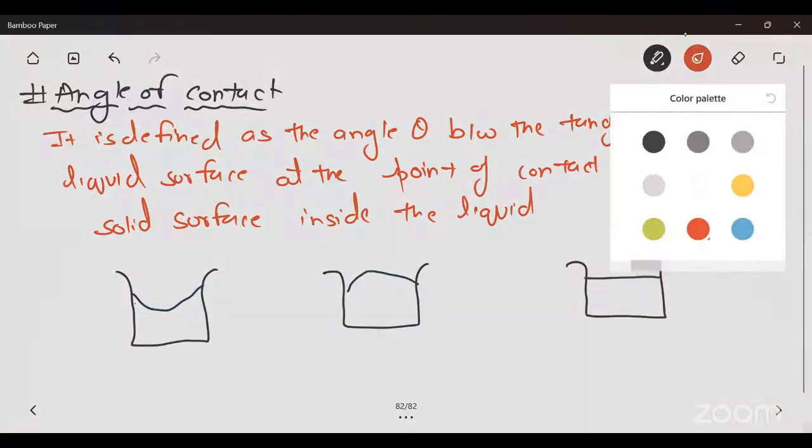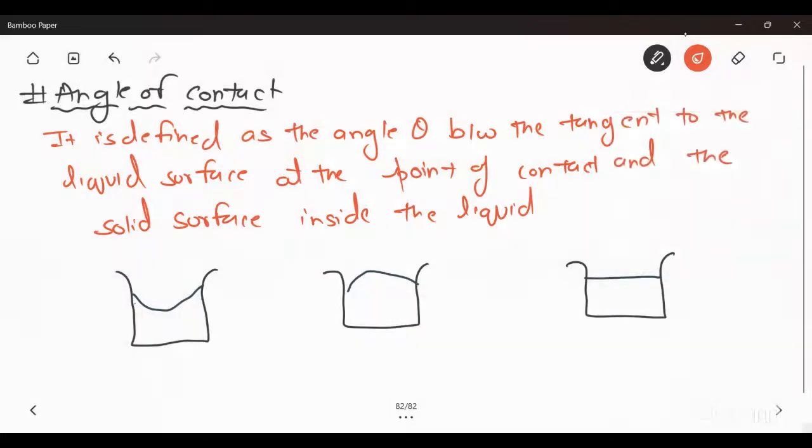Angle of contact is the angle between the tangent to the liquid surface and the solid surface. Now in the plane case, the angle is always perpendicular, that means 90 degree.